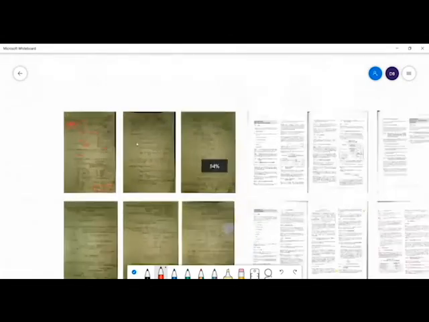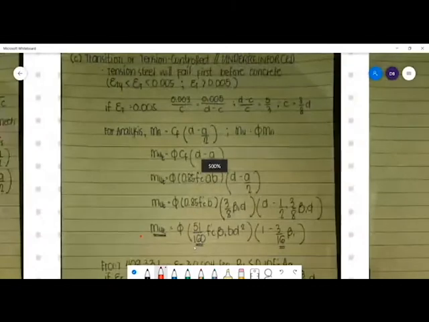So we go back here, no? Dahil ang tension strain natin is equal to 0.005, we can use φ as 0.9.